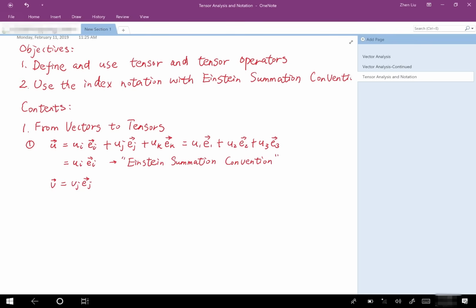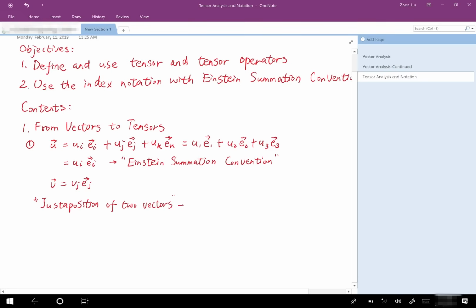It's very simple. Actually, just put the two things together. You will get a second-order tensor. So we give it a name called juxtaposition. That means put two things together. Juxtaposition of two vectors.